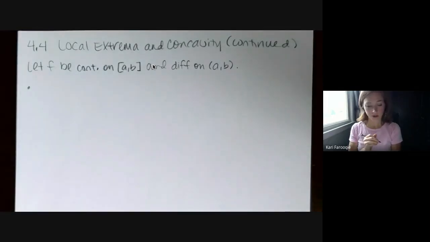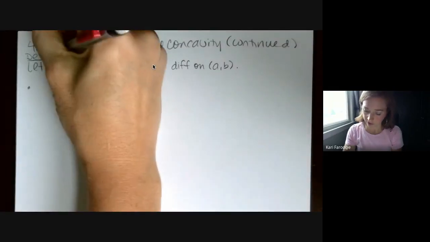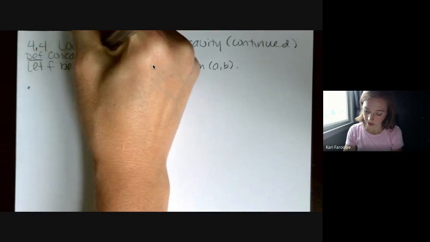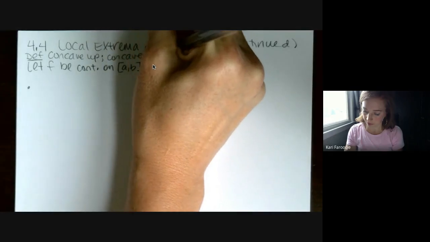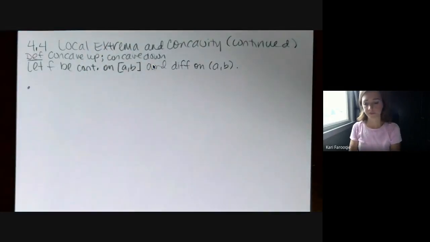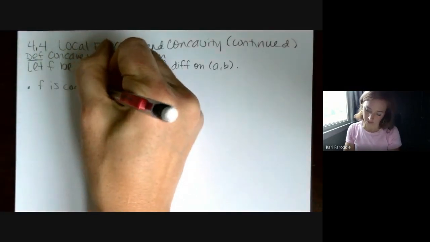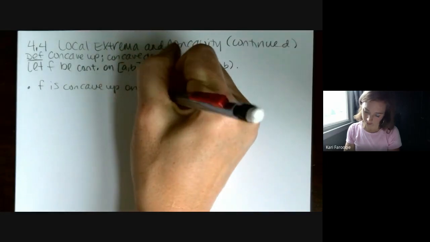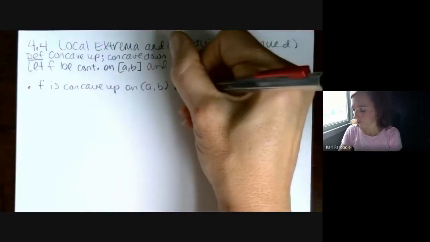Oh gosh, I didn't preface this. Definition: concave up, concave down. Sorry, I said it, didn't write it. f is concave up on the open interval from a to b if the graph of f lies above each of its tangent lines throughout the interval.